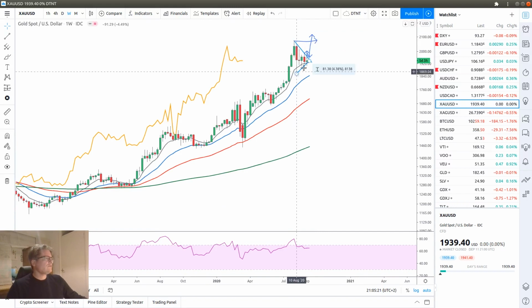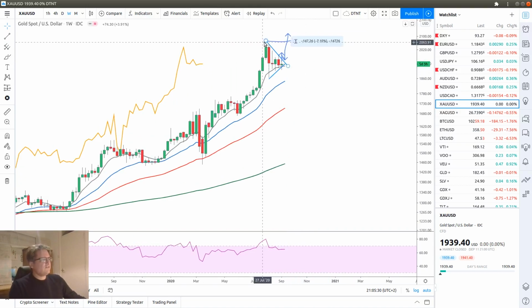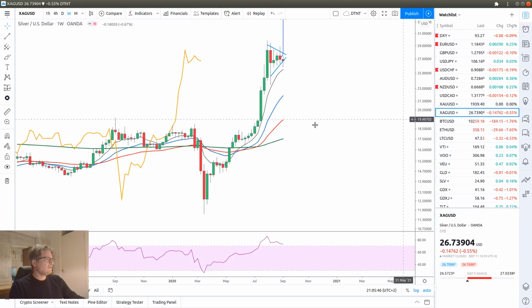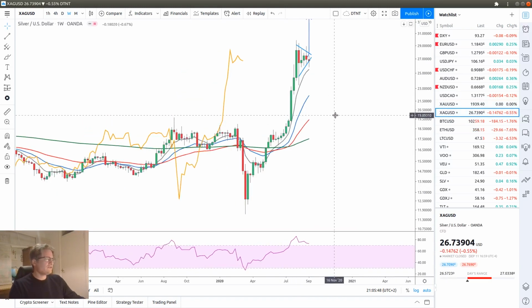So the last few weeks we've been consolidating, and this is actually a pattern where you can understand that probably big parties, big banks, big investment vehicles are accumulating silver here. Gold, excuse me, this is gold we're looking at, but it's almost the same, a little bit more volatile for silver.